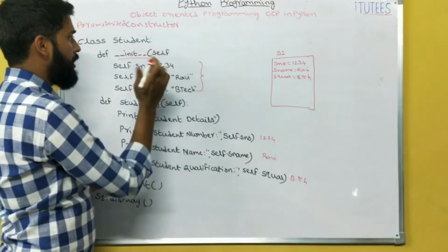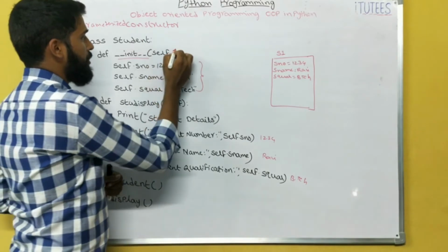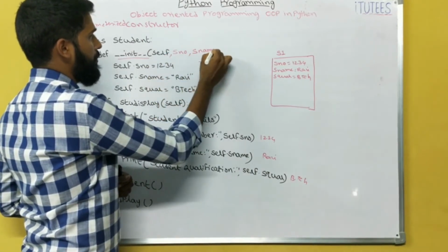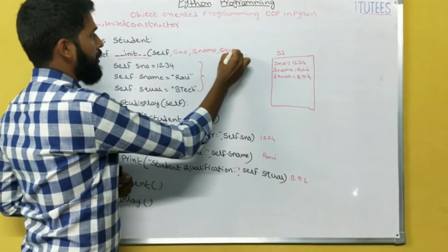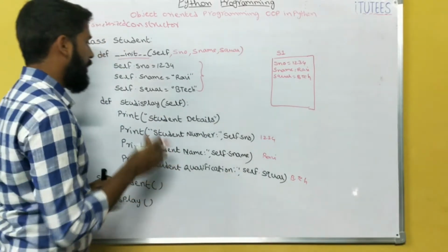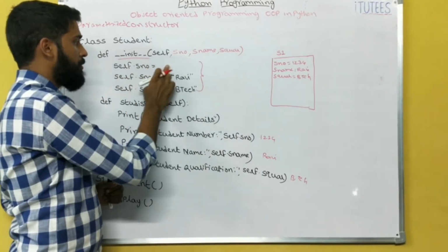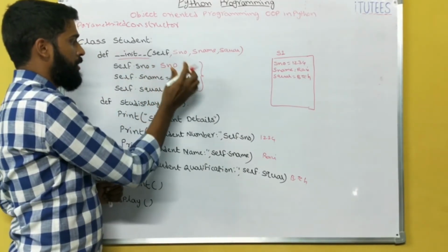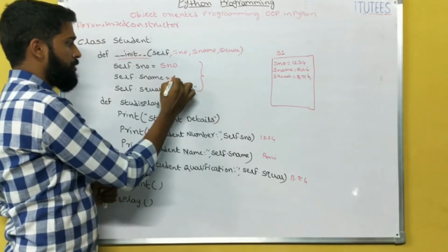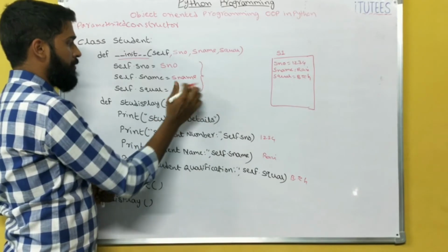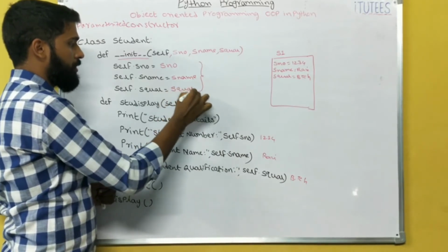Here I am going to give the arguments: student number, student name, comma, student qualification. So self.sno equals sno, self.sname equals sname, self.squalification equals squalification.